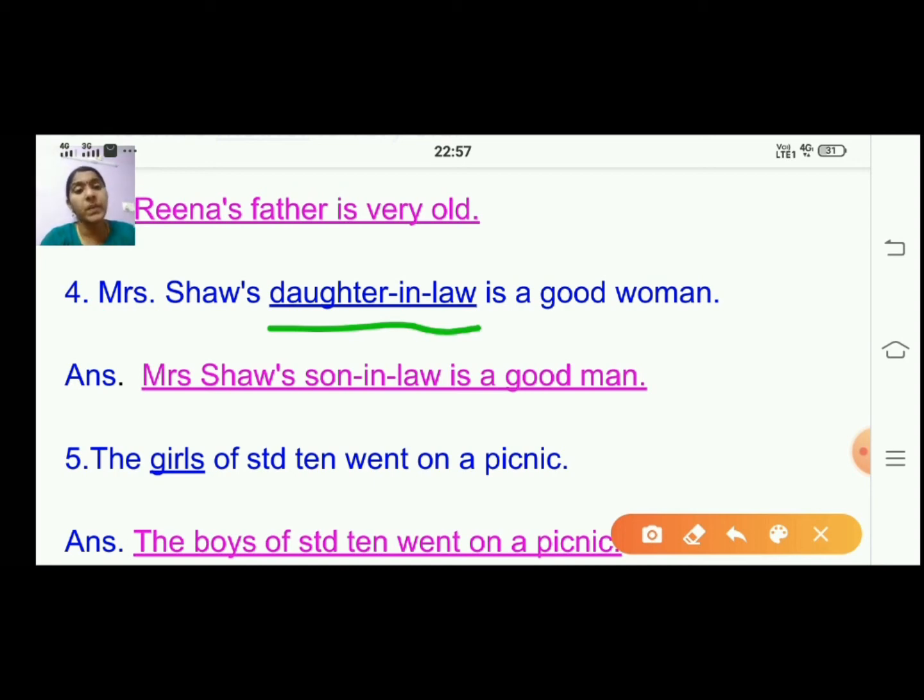So the answer will be Mrs. Shaw's daughter. Here you will have son-in-law, right? Son, boy. So son-in-law is a good man. Mrs. Shaw's son-in-law is a good man, right? So this is how we will write.